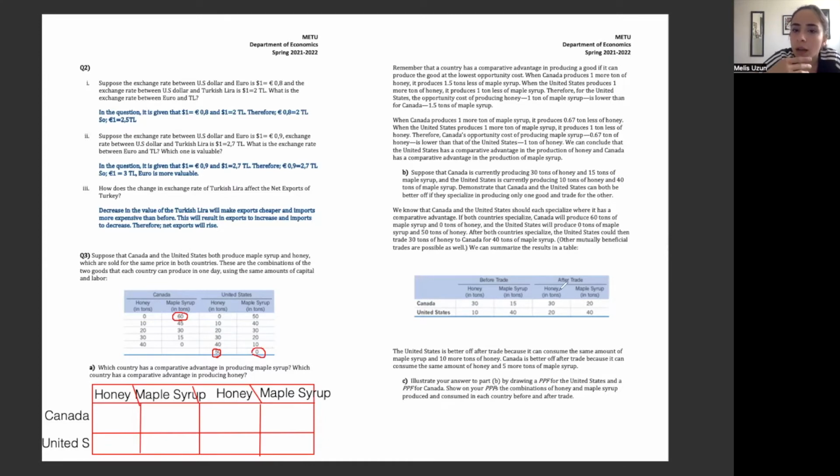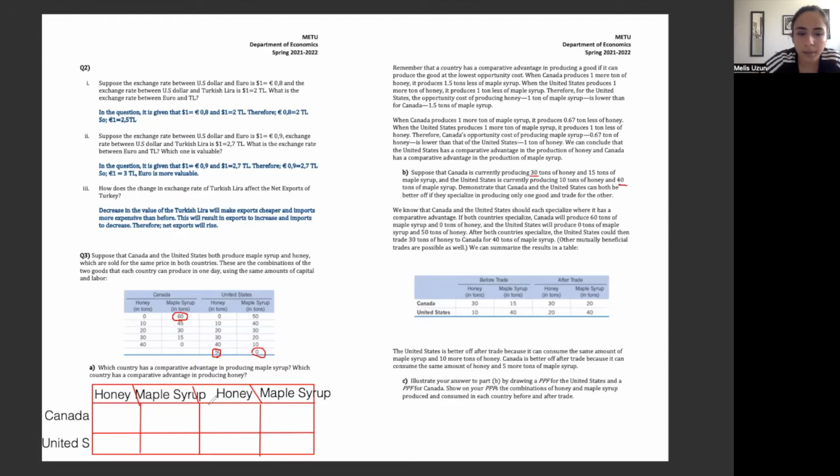So after both countries specialize, the United States could trade 30 tons of honey to Canada for 40 tons of maple syrup, because this is from the question.